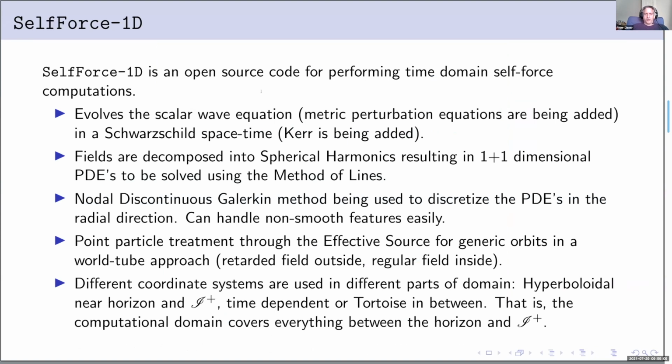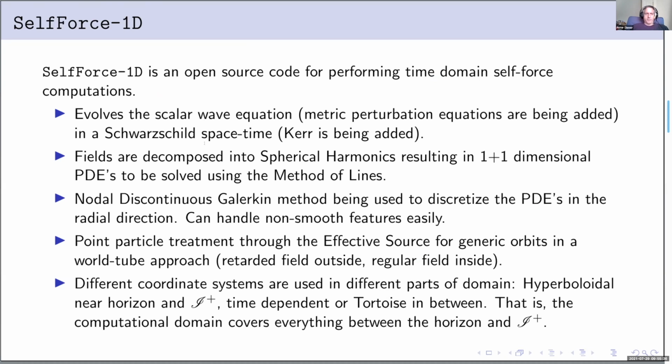is an open source code for performing time domain self-force computations. In what Barry talked about in the Black Hole Perturbation Toolkit, most of the things done in Mathematica are done in the frequency domain, but there are some things that we probably want to do in the time domain, so it's also important to have those kinds of codes in there.